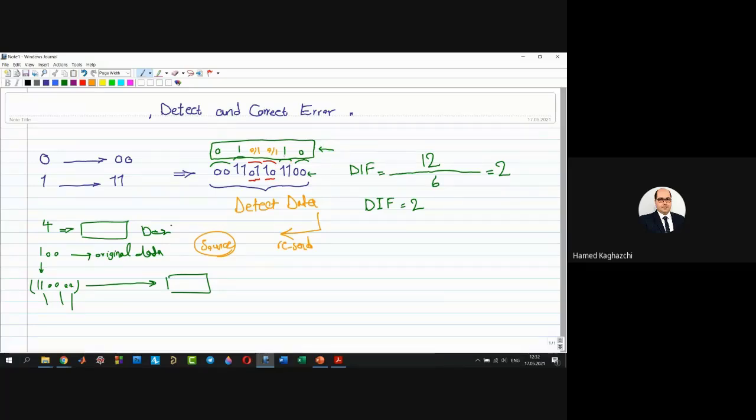So what can we do if we want to correct the data? To correct transmission error, we can transmit each digital value three times, like that.